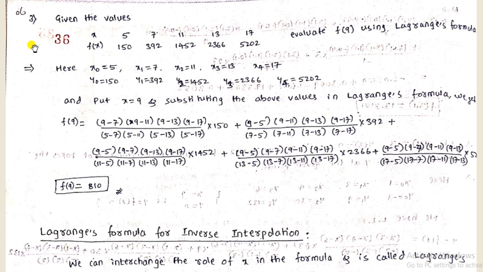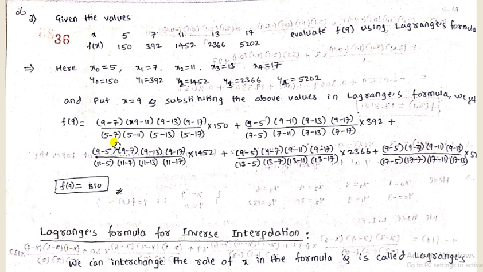Second example: given the values of x and f of x, evaluate f of 9 using Lagrange's formula. Here f of 9 is in the form of f of x, so the x value becomes 9. Solution: write the values of x0, x1, x2 up to x4, and y0, y1, y2, y3 and y4, and include x equal to 9.